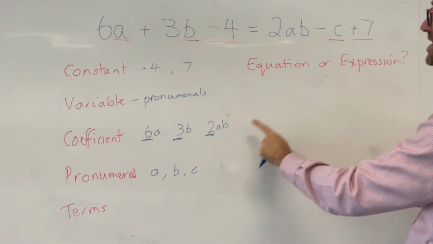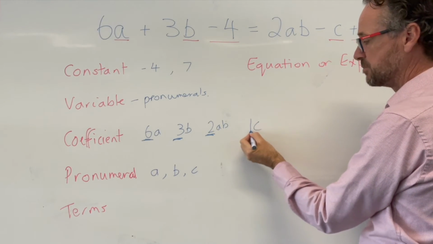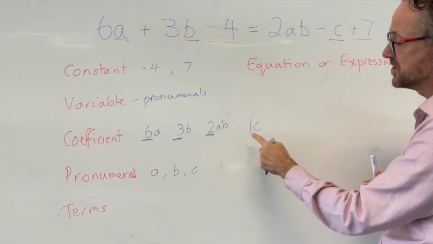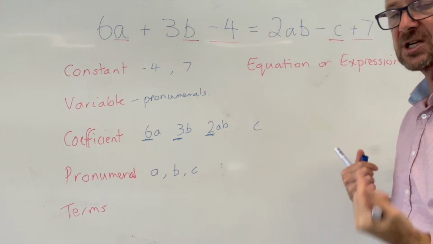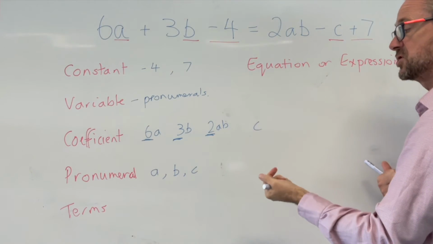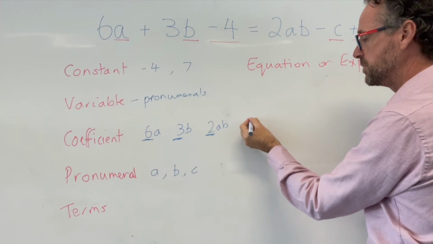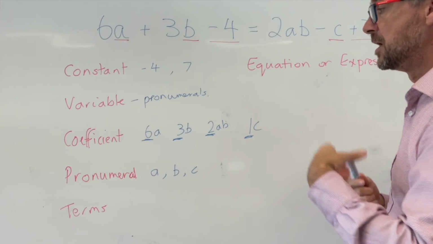And interestingly here, you've got this c, there's actually a 1 before that c, 1 multiplied by c, but we don't bother putting it in because 1 times c doesn't change it, so the convention is to not show it. But if we said, what's the coefficient before the c, we would say it would be 1.